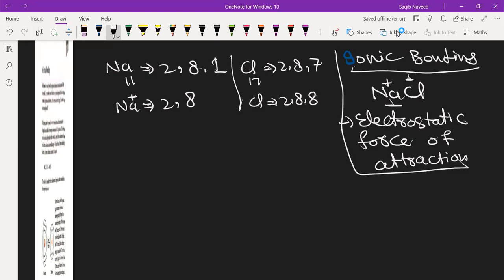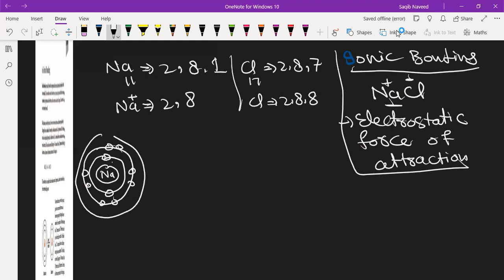Okay, let's show it in a diagram. So we have Na, and Na has 2 in the first shell, and then 8 in the second shell. These circles are indicating electrons, and then 1 in the last shell.